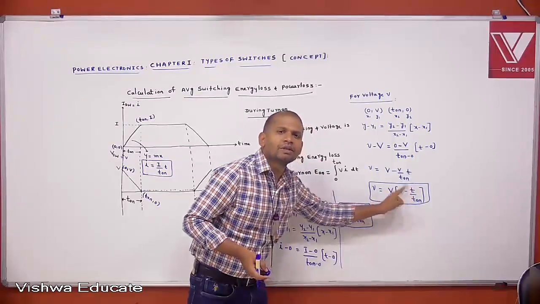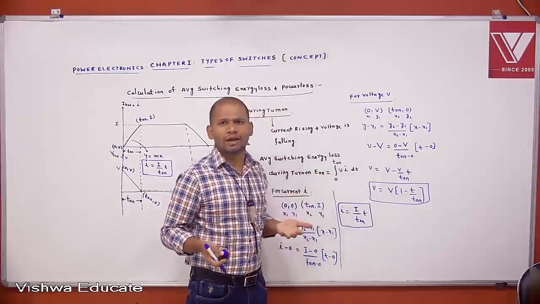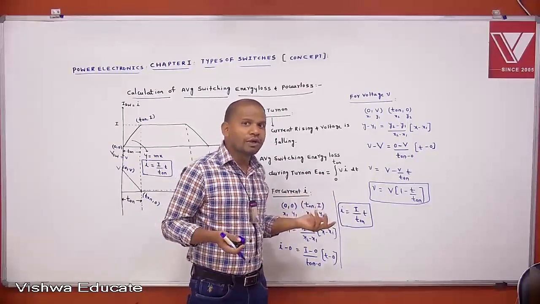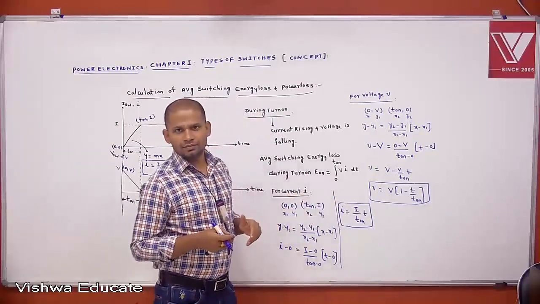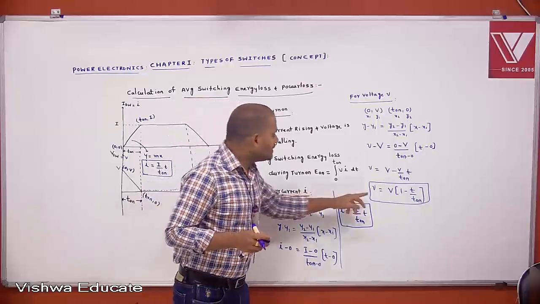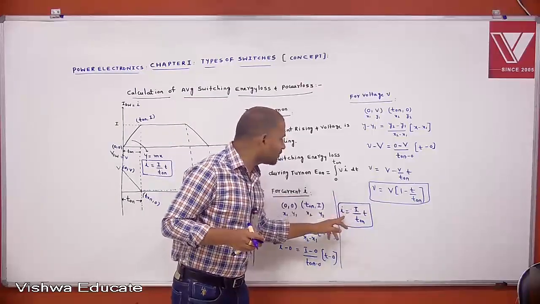The time is during T on, that's why you take T on. If it is during T off, you take T off. Understood or not? This is the expression for V and this is the expression for I.